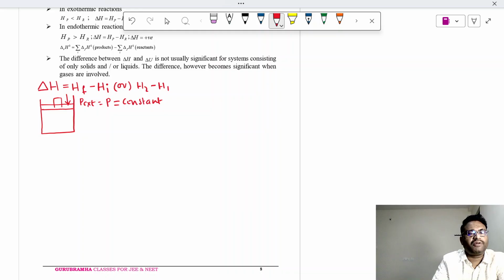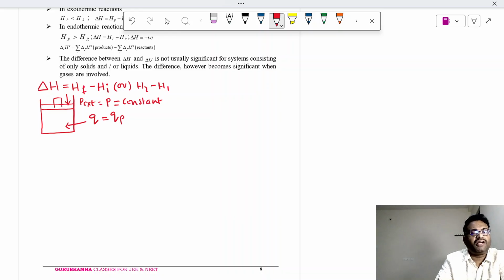At this constant pressure, let Q amount of heat energy be absorbed by the system. As heat is absorbed by the system, it is taken as positive, and it is absorbed at constant pressure, so we mention it as QP.